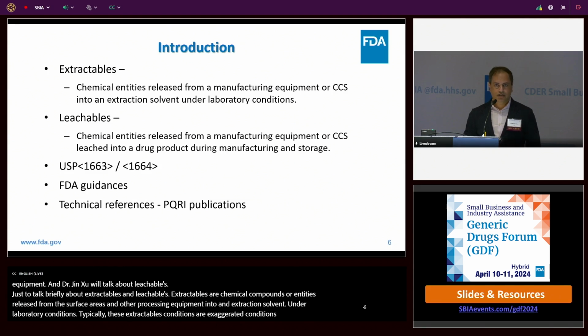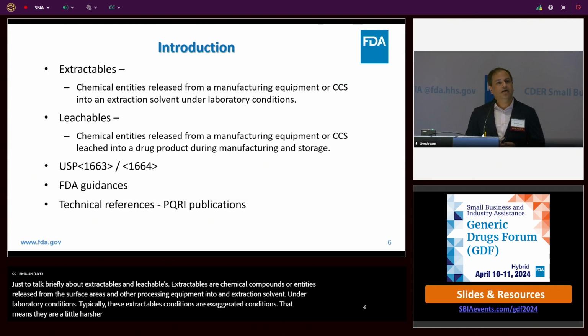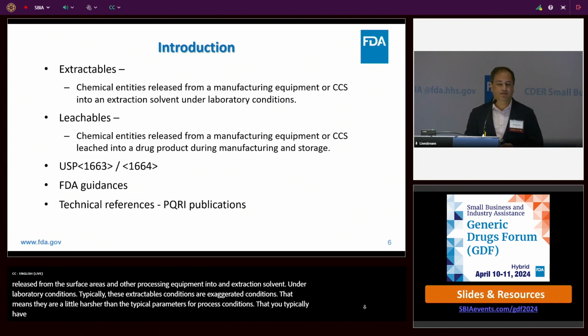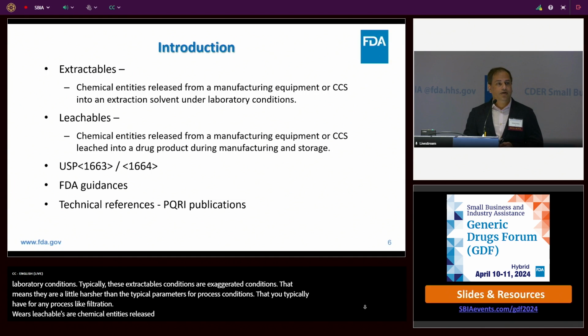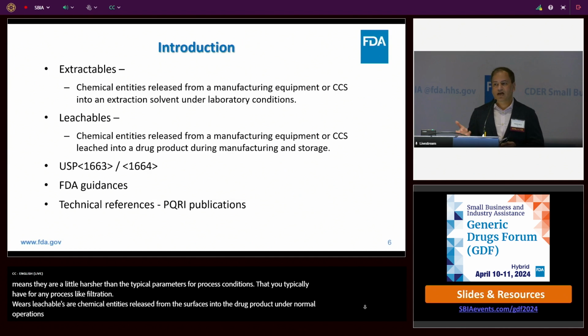That means they are a little harsher than the typical process parameters or conditions that you typically have for any process like filtration, filling, what have you. Whereas leachables are the chemical entities that are released from the surfaces into the drug product under normal operations, like during the manufacturing process and over the shelf life of the drug product.